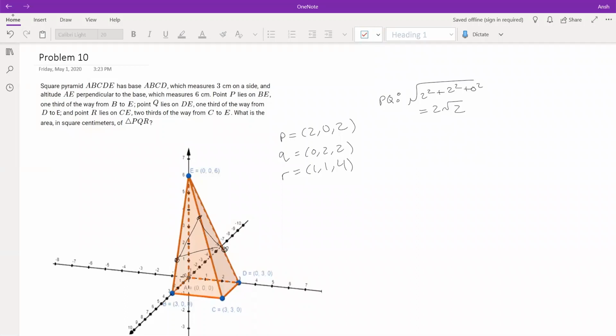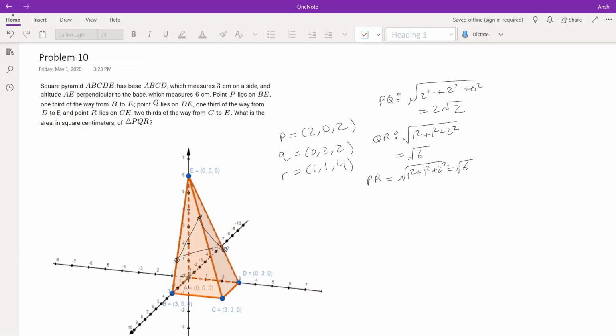Similarly, for the length of QR, it's 1 squared plus 1 squared plus 2 squared, which equals the square root of 6. And finally, for PR, we'd find that it's 1 squared plus 1 squared plus 2 squared, again the square root of 6.